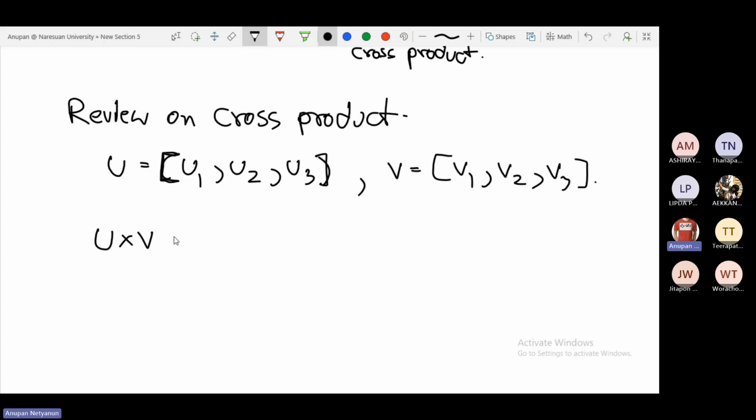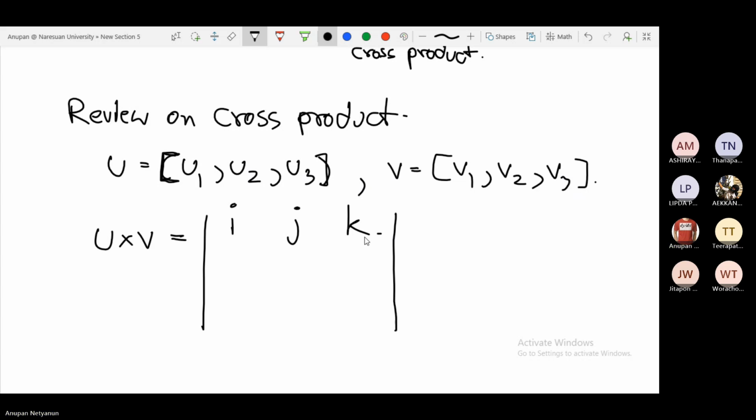it is equal to, okay, the determinant. Now, what you do is, you have vectors u and v with 3 components, which are the components of x, y, z. And the unit vectors representing x, y, z are i, j, k.